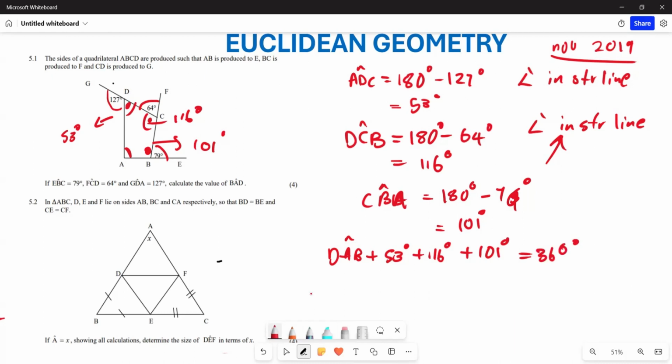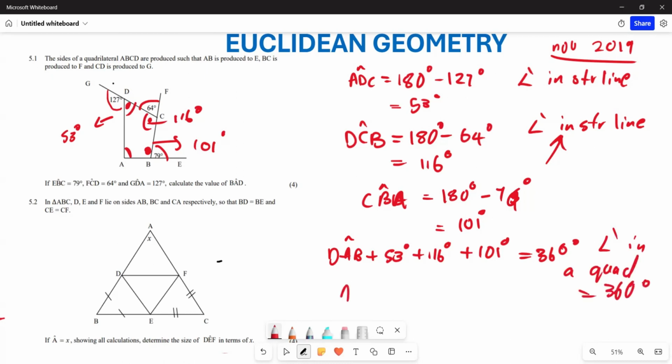And the reason behind that is angles in a quadrilateral add up to 360 degrees.